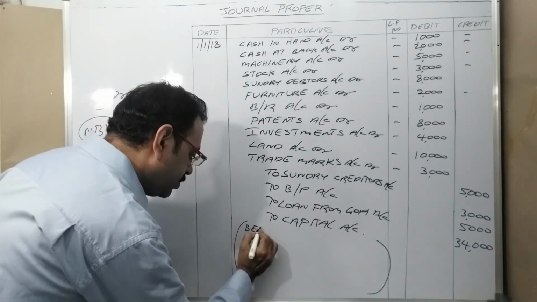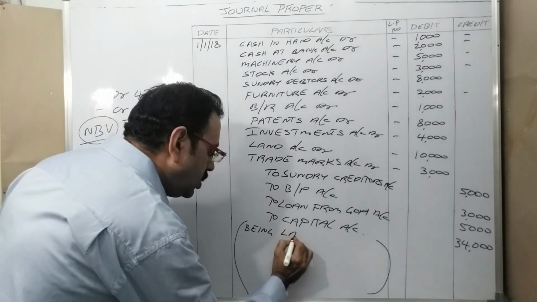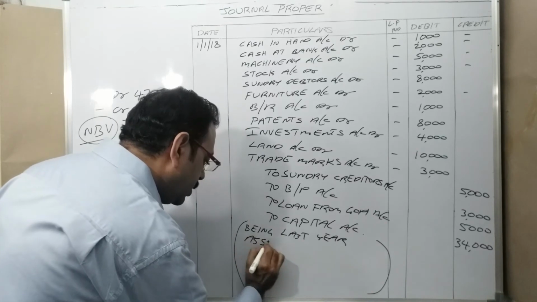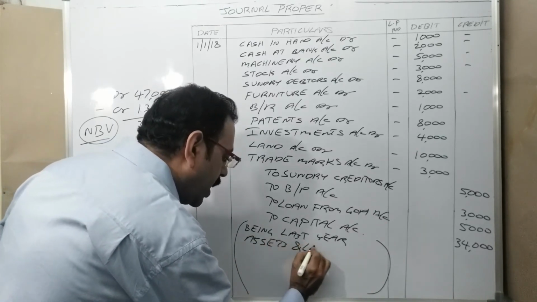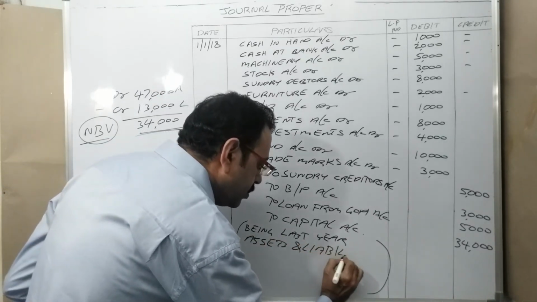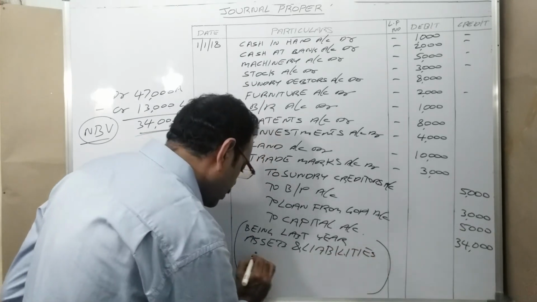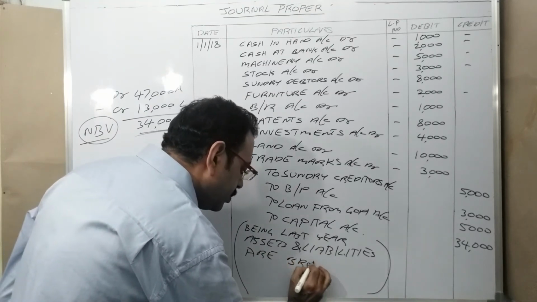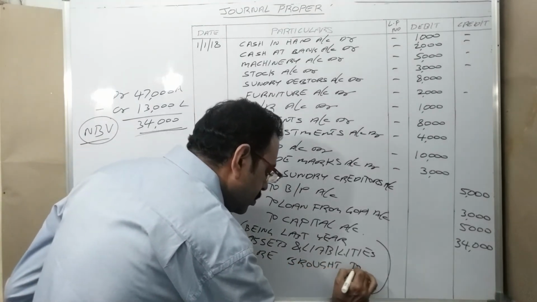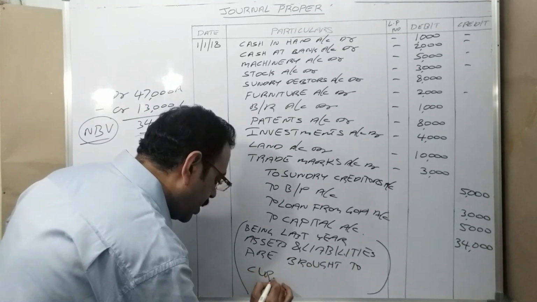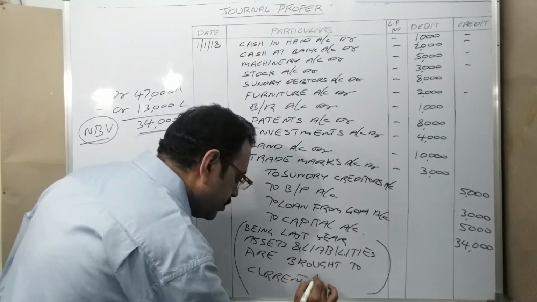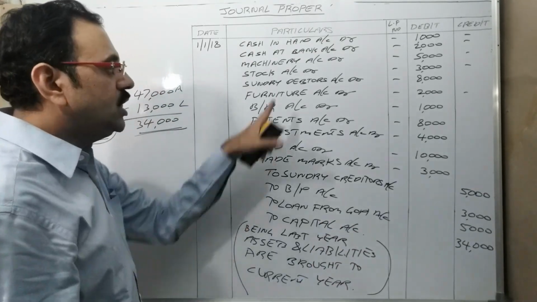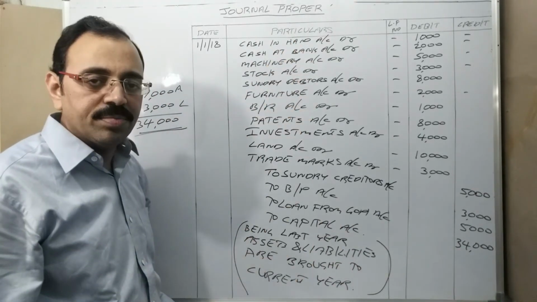Being last year assets and liabilities are brought to current year. Okay, so this is called the opening journal entry.